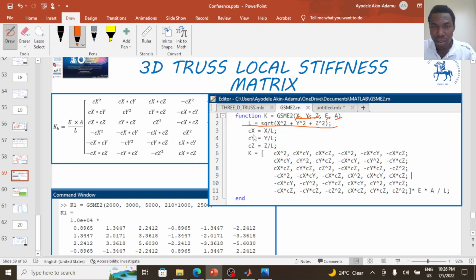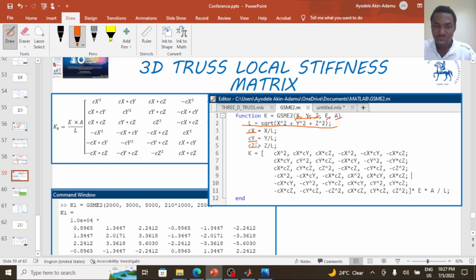Once the length is calculated, we can calculate the cosine angle in the x, y, and z direction, given by capital X divided by L, capital Y divided by L, capital Z divided by L. Note that X is the difference in the X coordinate, that is X2 minus X1. Y is also the difference in the Y coordinate, Y2 minus Y1.